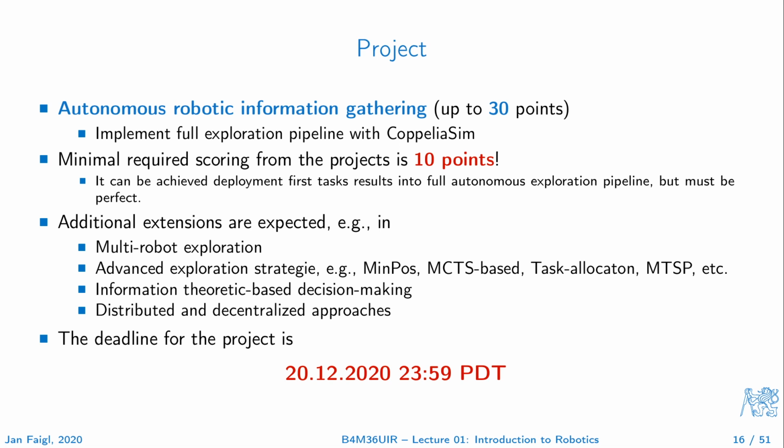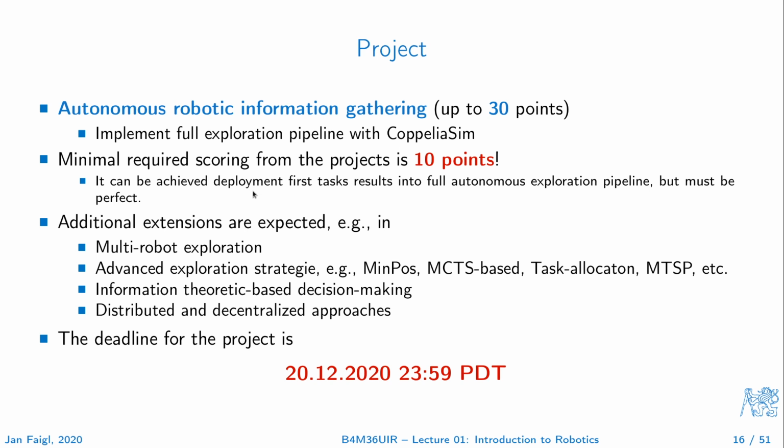Anyway, it's a relatively low number of points you need to receive at the minimal scoring, so 10 points. And it can basically be achieved by deploying the first task into an autonomous exploration pipeline, but it must be perfect. So it's highly recommended that you extend that, and there are multiple options for how you can extend the exploration framework.